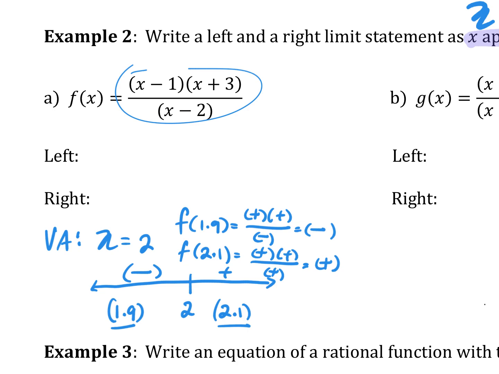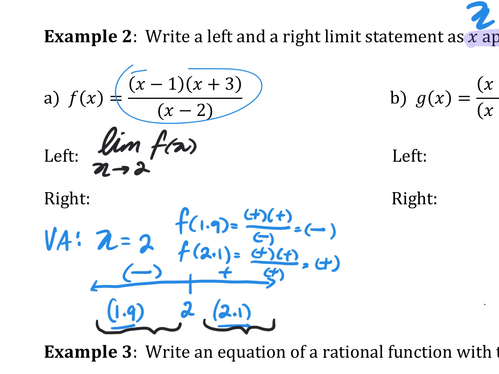Okay. So now if I'm looking again at my line graph in here, this is actually the left side of my 2 and this is the right side of my 2. So if I write the limit statement, the limit of f of x as x approaches 2 from the left side, then what is happening in here?